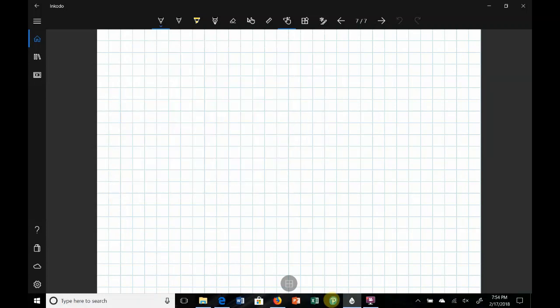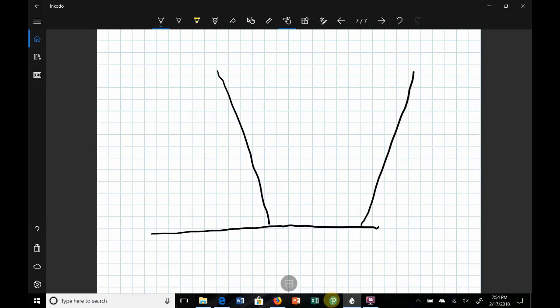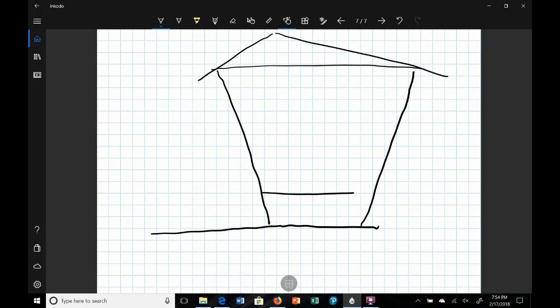Let's say we were to represent the atom as a house. And as we go up this house, don't make fun of my house. As we go up the floors on the house, each floor is going to represent an energy level.